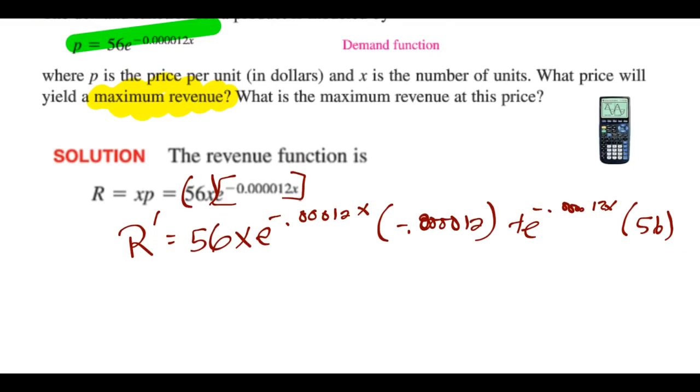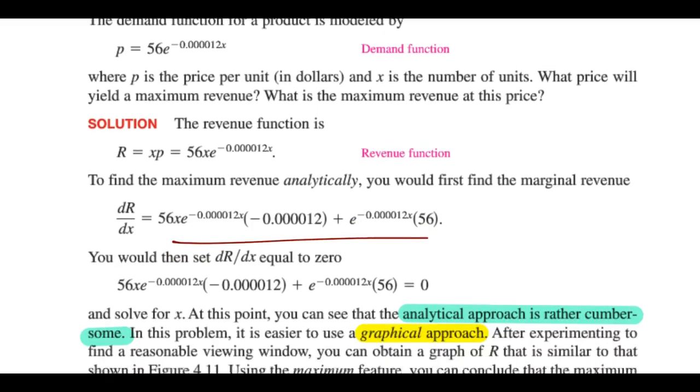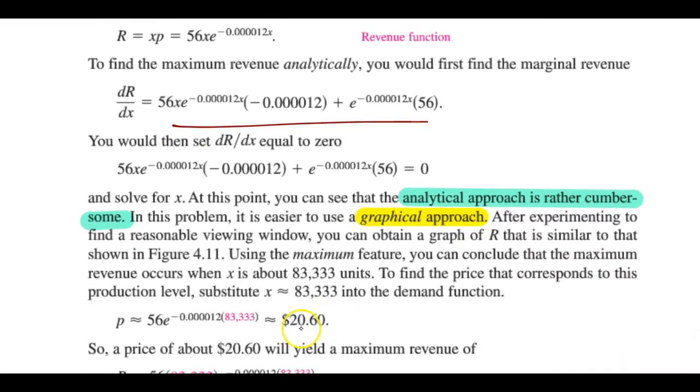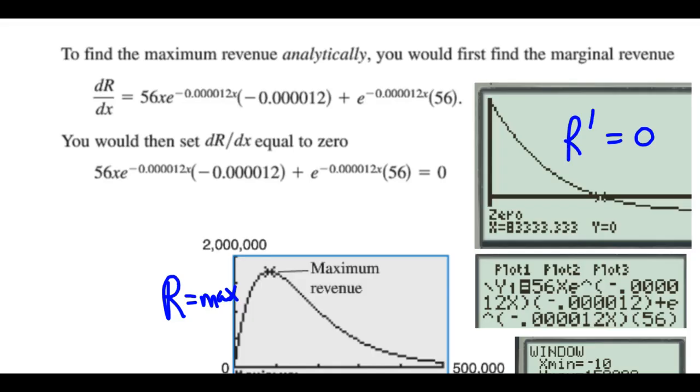Simplify that, and then plug in to find, let's see if that's it, yep, there it is. Set it equal to 0, find the critical values, plug in the x value where it was the max, which is evidently 83,333 units, and find the y, which is how much it's actually going to yield. And that's the p, but then the revenue is this function and turns out to be that max revenue.